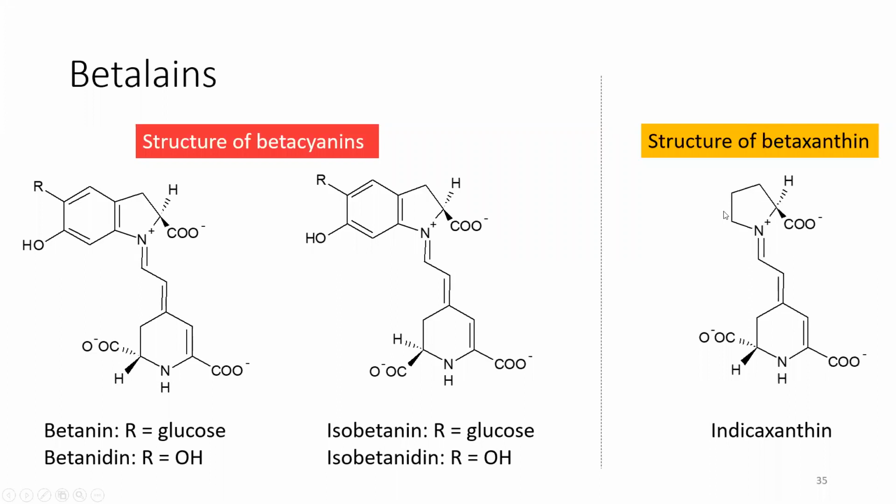And none of these other compounds that we've talked about in this whole section have nitrogen. So that's a unique property of betalains. Betalains can vary in their color from red to yellow, but usually we think about them as being red.